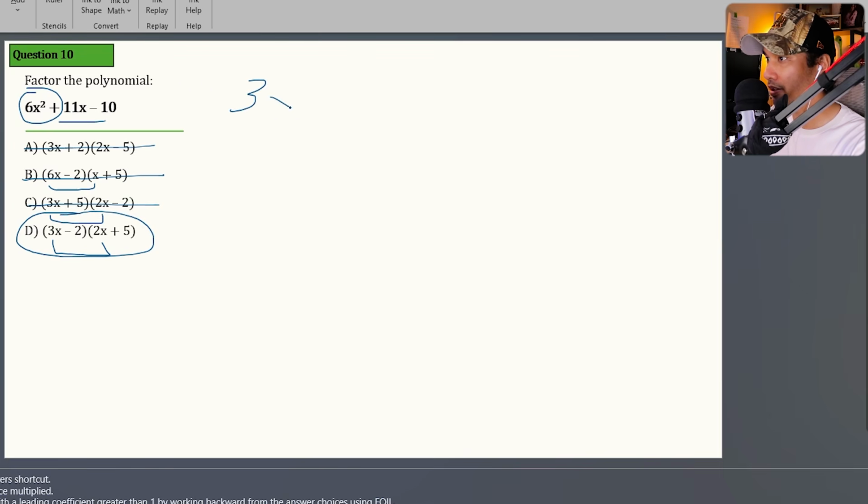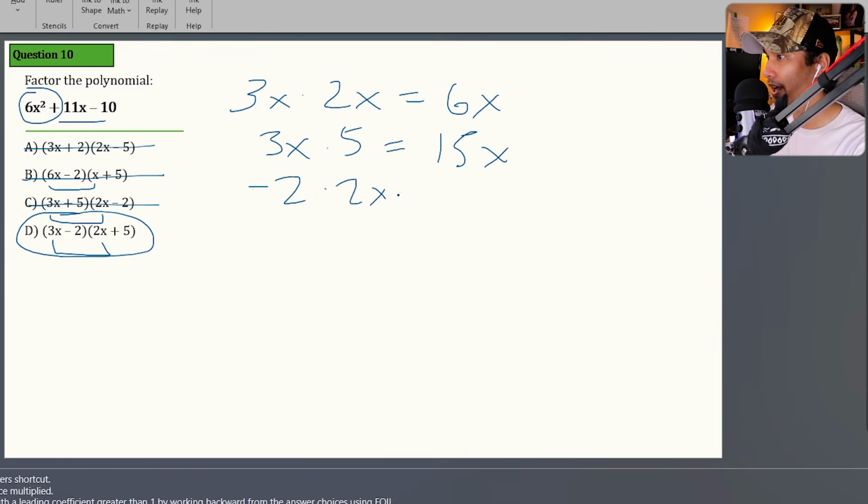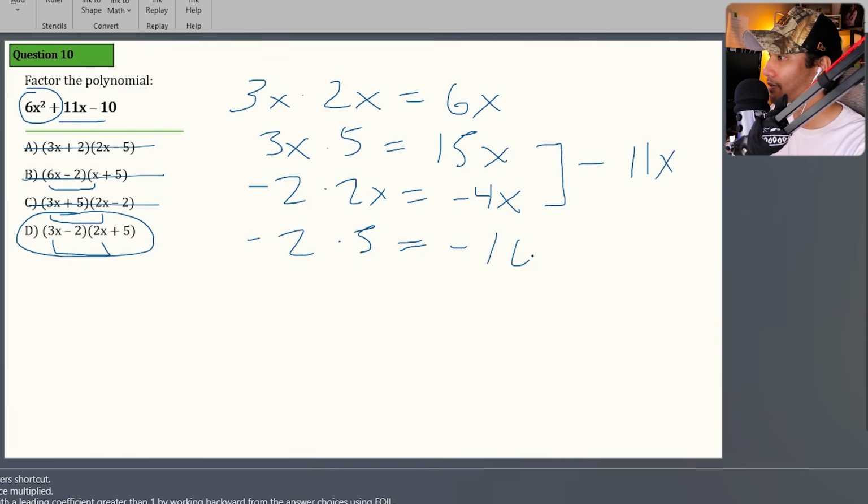Let's do it slowly. 3x times 2x equals 6x squared. Then you have 3x times 5 equals 15x. Then you have -2 times 2x, which equals -4x. Combine these two together, that equals 11x. Check. And then we have -2 times 5, which equals -10.